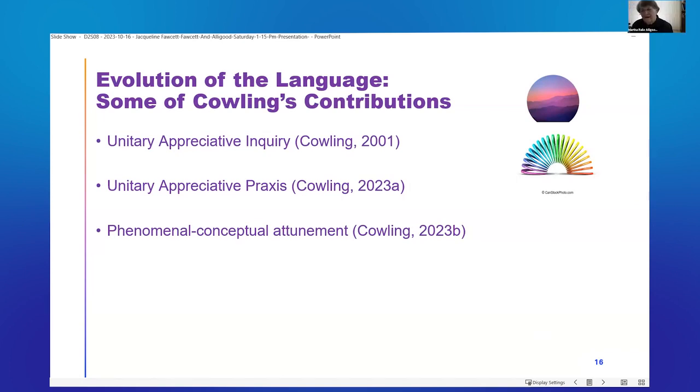Okay, and in Cowling's work, actually, what I would recommend if you're not up to date on Richard's work, he's made many contributions and certainly has published many of those along the way. But the one that he is listed on the slide as 23A, the appreciative praxis.